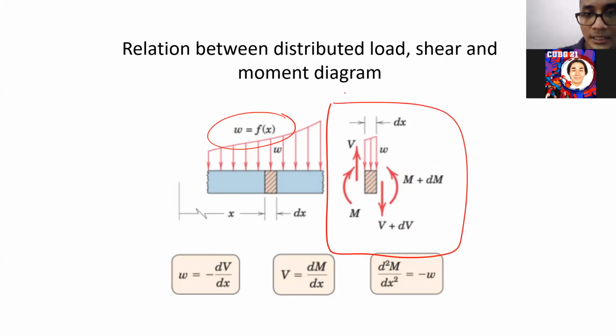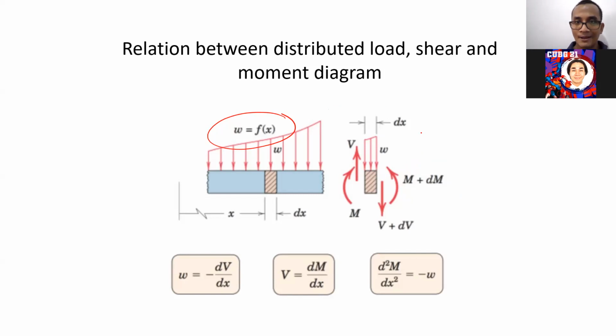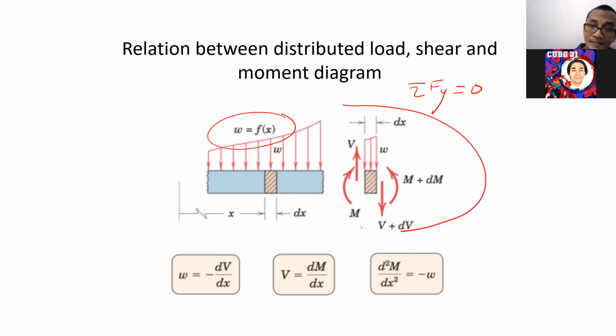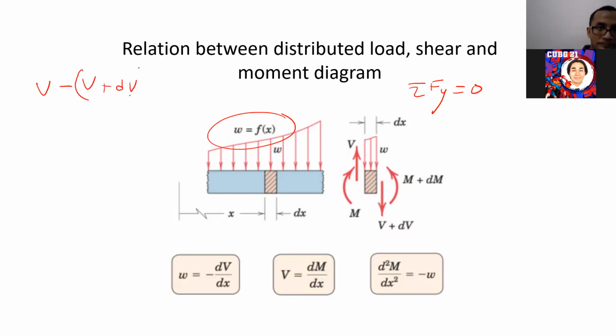After we find the free body diagram of the cut of that particular small element, now I want you to implement sigma Fy equal to 0. What will you get? You can see that there is V going up, positive is going up in this case, minus V plus dV, because it's going downwards, minus.